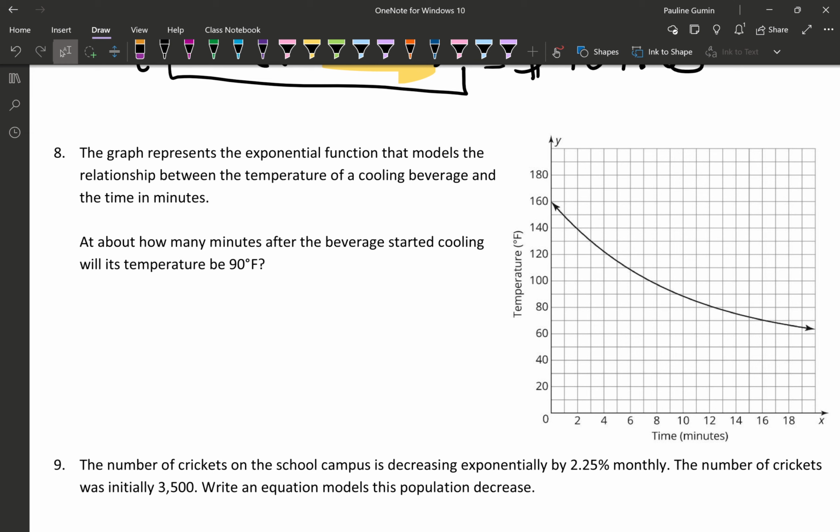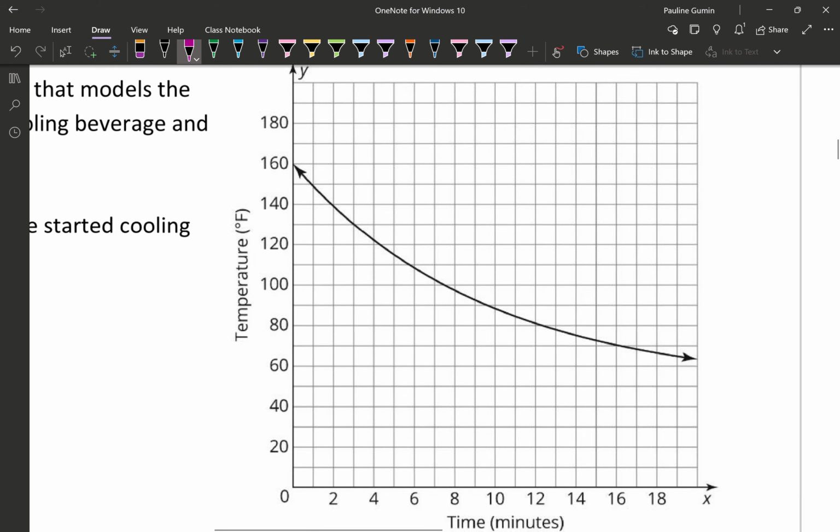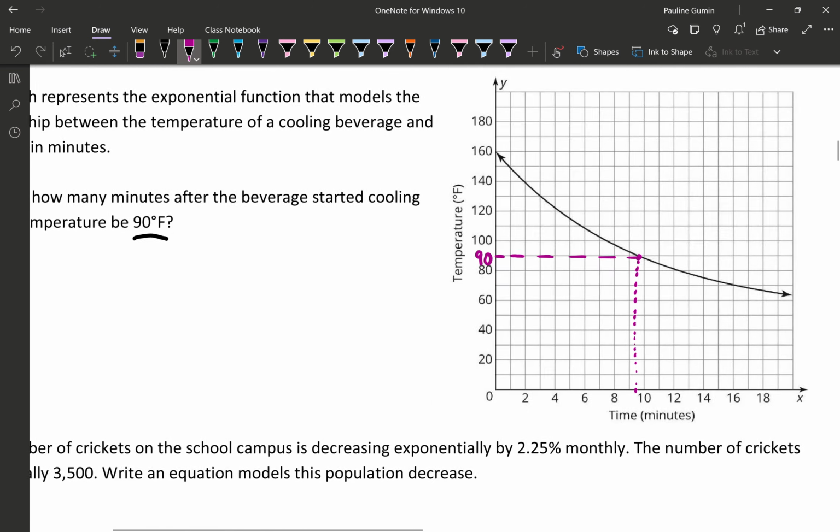Number 8. The graph represents an exponential function that models the relationship between the temperature of a cooling beverage and the time in minutes. About how many minutes after the beverage started cooling will its temperature be at 90 degrees Fahrenheit? All right, well, let's zoom in here because I can. This is 90. So let's see, where does 90 hit? Looks like it's right here, which is about 9.5 minutes.